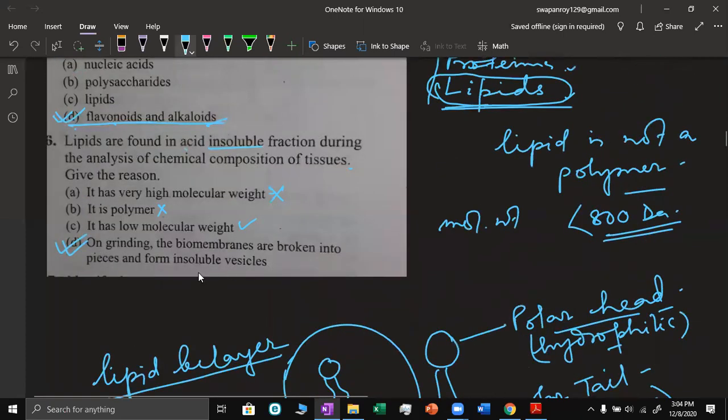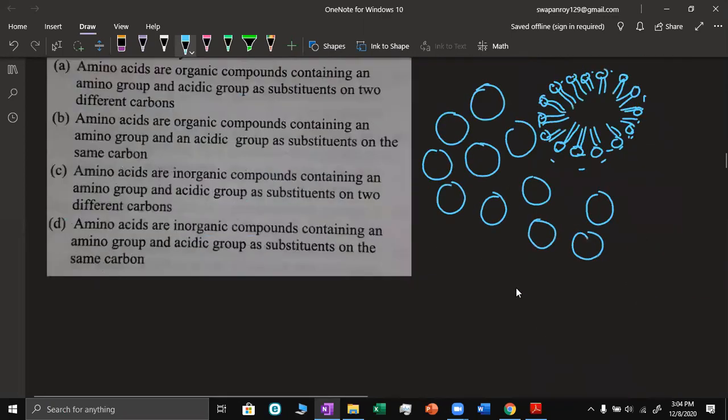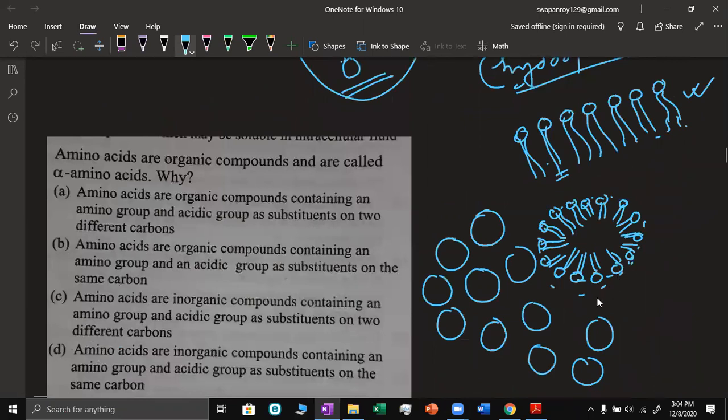This forms insoluble vesicles, broken into pieces. And this is why lipid molecules, though their molecular weight is very low compared to those polymers, are found along with the polymers in the acid insoluble portion.